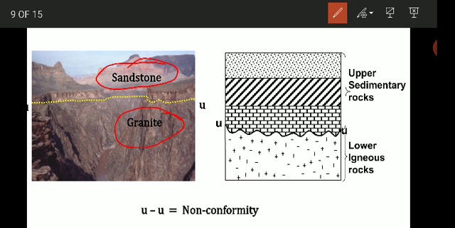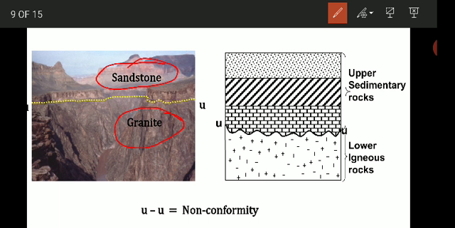So the unconformity which separates the older rocks of plutonic origin, plutonic meaning they are formed at great depth, the example is granite, okay, and these rocks are overlain by sedimentary or volcanic rocks. So such a type of unconformity is called non-conformity.